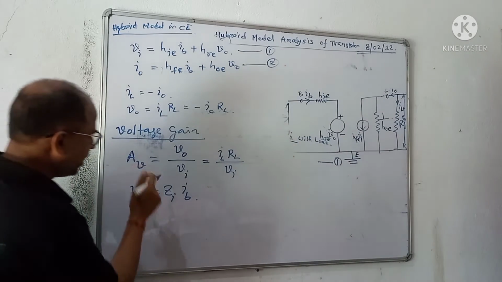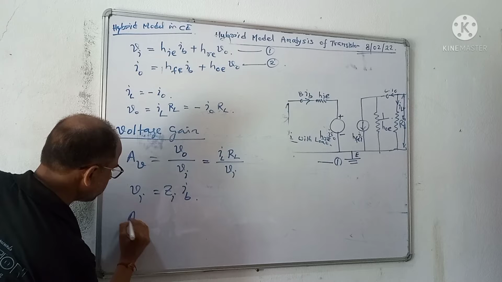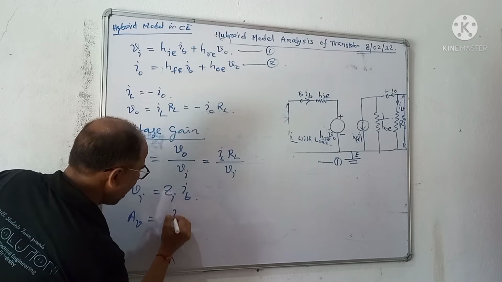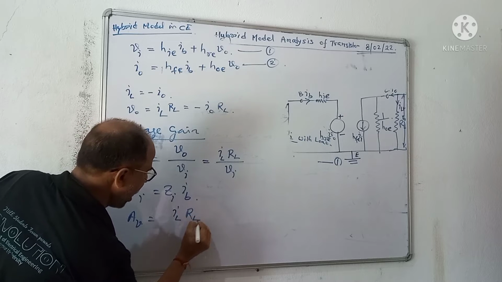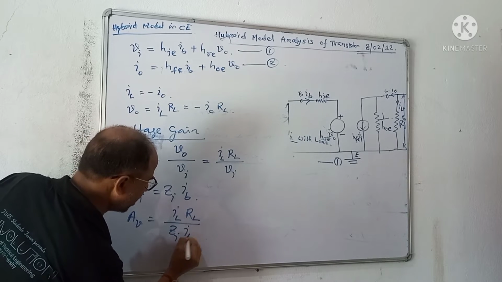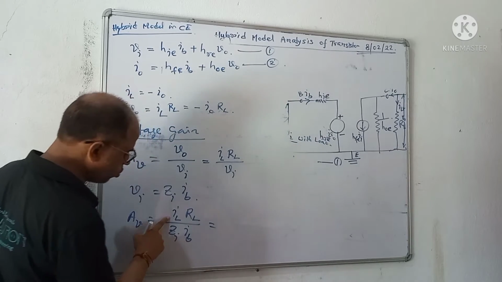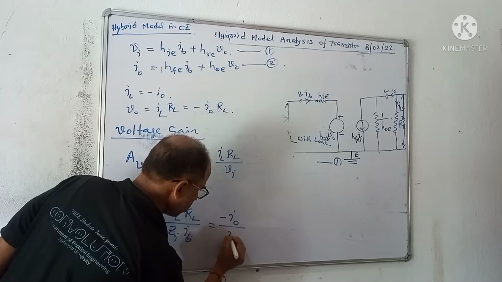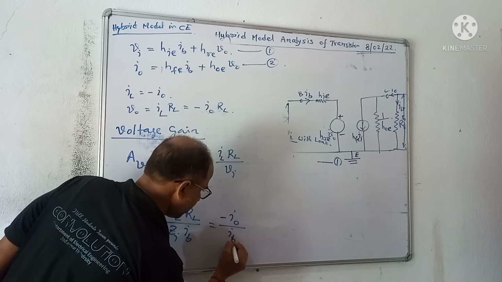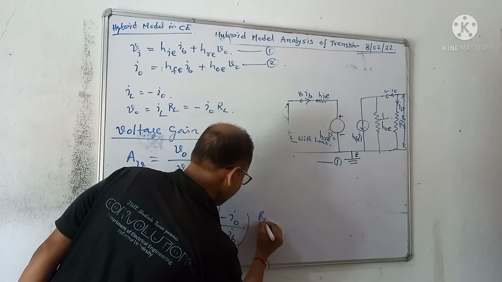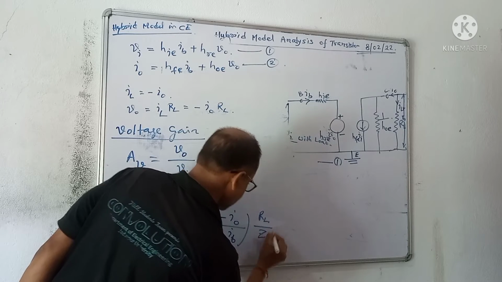Then AV is equal to IL into RL by ZI into IB. This is equal to minus I0 by IB into RL by ZI.